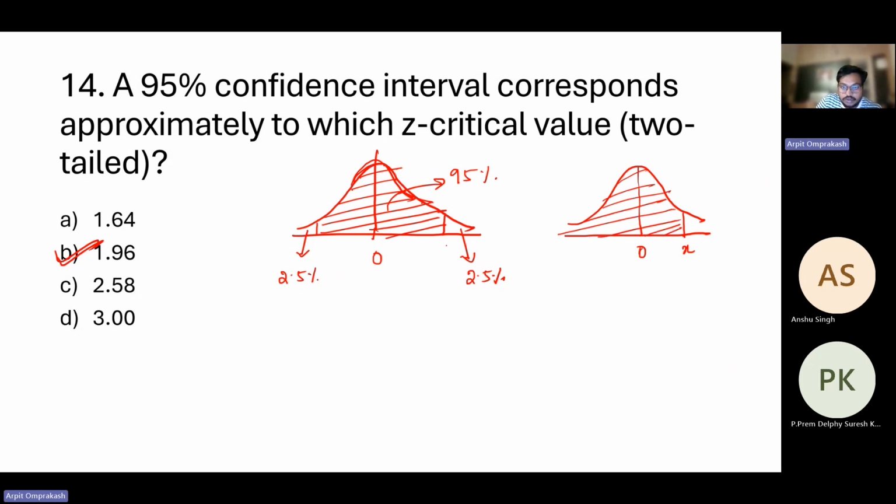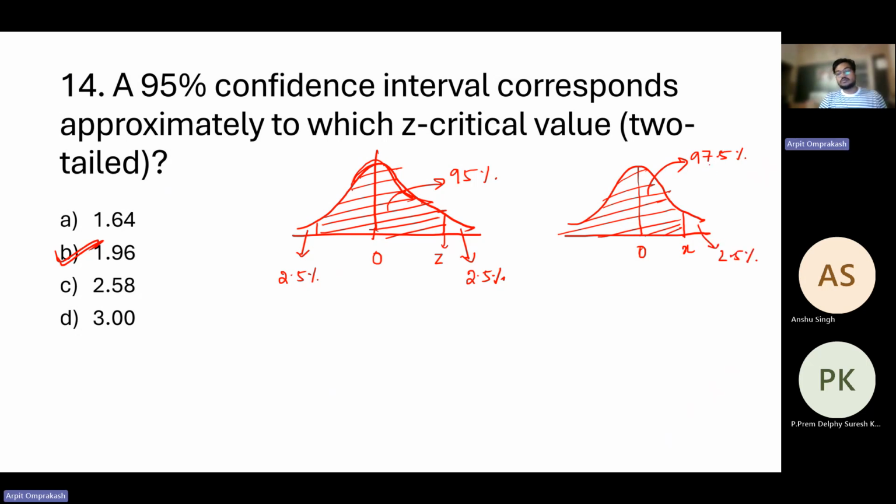So to get this exact z value, we need to make sure that the area is 97.5%, which is 95% plus 2.5%, and the remaining 2.5% is here.